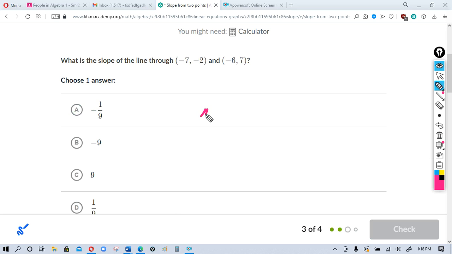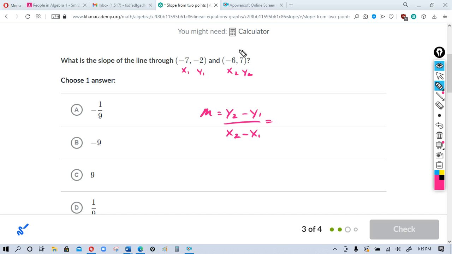Okay, so the slope m, change in y, or you can say y2 minus y1, divided by the change in x, x2 minus x1. Okay, so x1, y1, x2, y2. Remember, the first number is your x, the second number is your y.